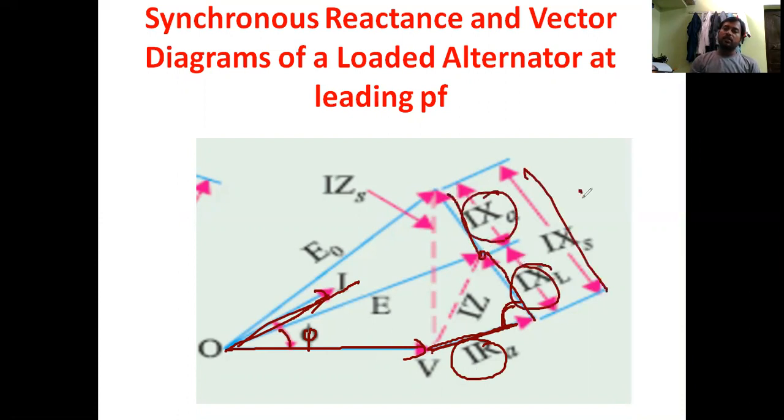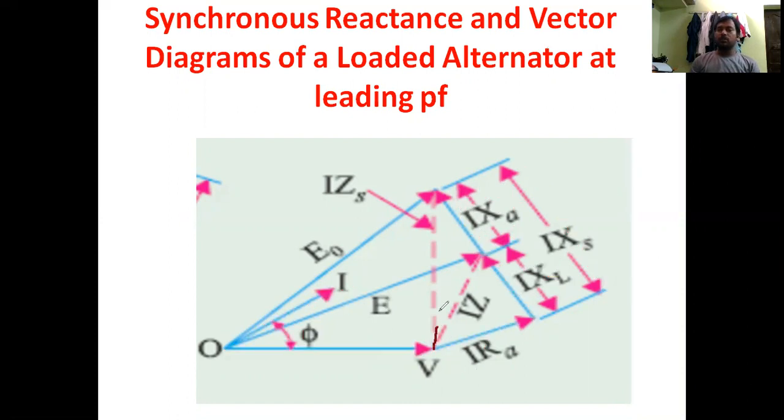This total is I XS, and the sum of these is I into ZS. So the total is E naught, the induced EMF in the alternator. These are the different types of vector diagrams when the alternator is loaded.